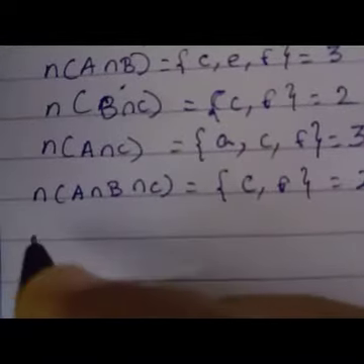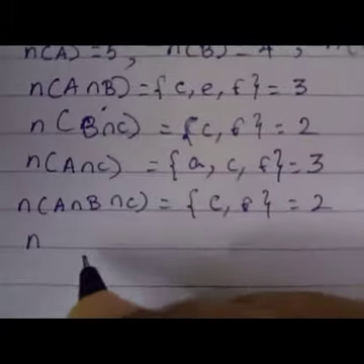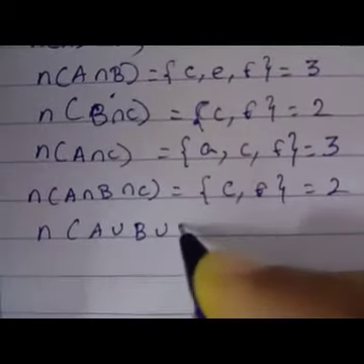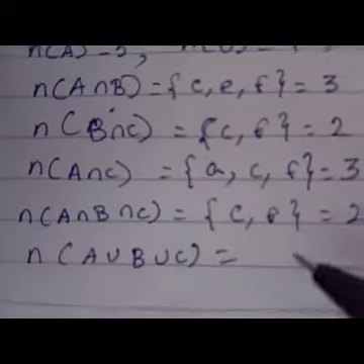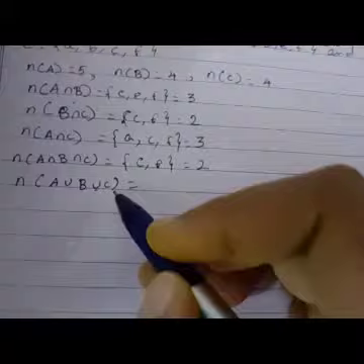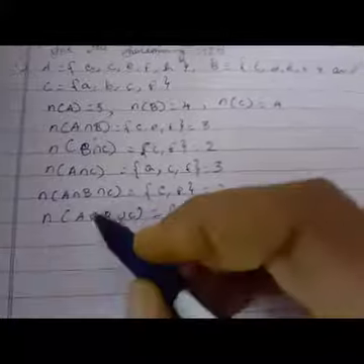Now you have to verify the formula. First, the left hand side, n of A union B union C. So n of A union B union C means all the elements together, you have to write each once.